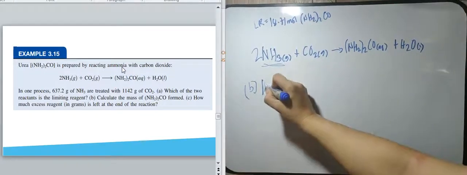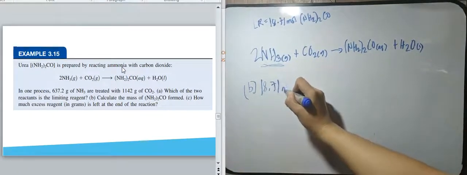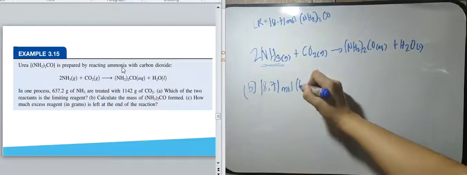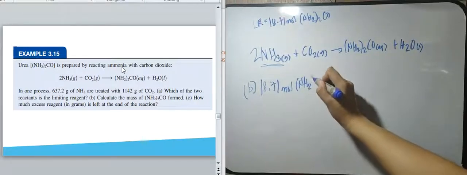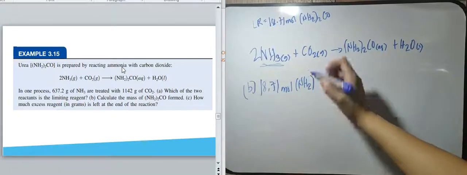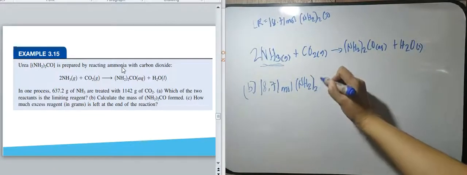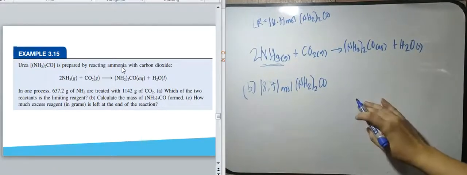So 18.71 moles. That's the reason why we will use the value of the limiting reactant, because it's the one that gets used up first.